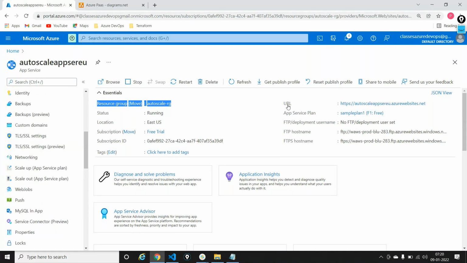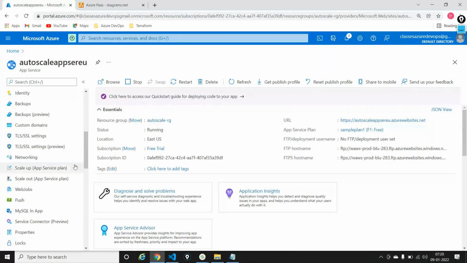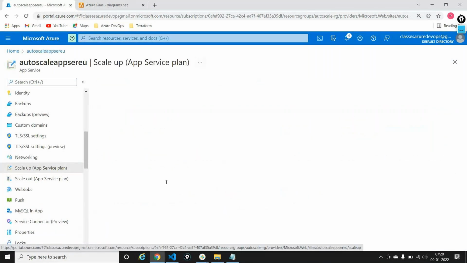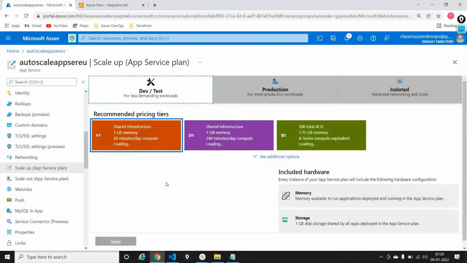Until now, we've been going into scale up, where we scale our application from one plan to another. If you're going from one plan to a higher plan, it is called a scale up action. If you're coming down from a higher plan to a lower plan, it's called scale down.